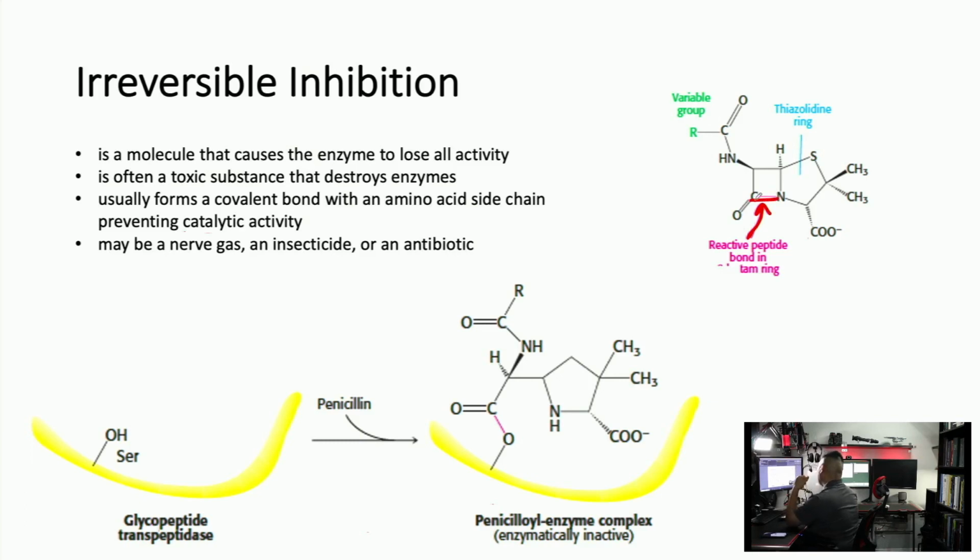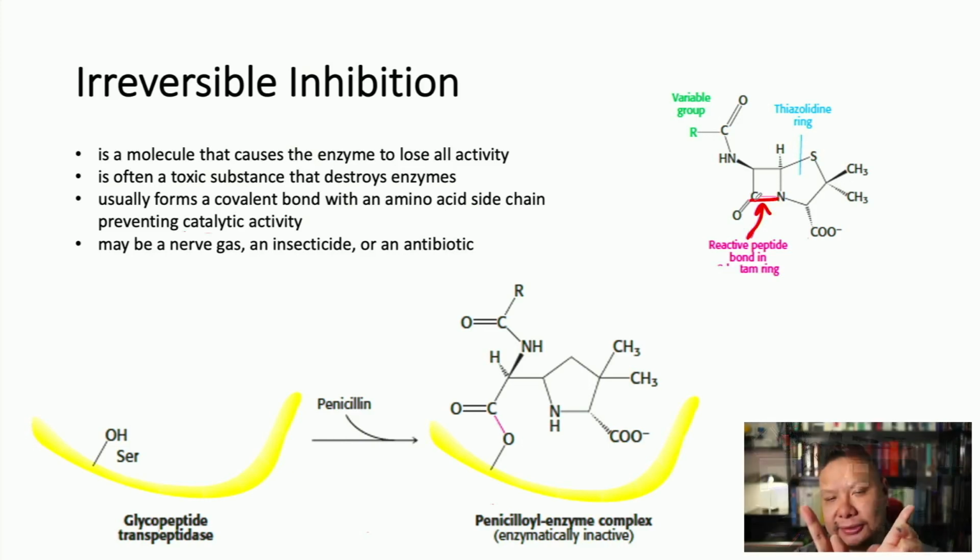Because you recall, when you have a carbonyl, its favorite shape is trigonal planar, with a bond angle of 120 degrees. But you can see here that this bond angle is approximately 90 degrees.